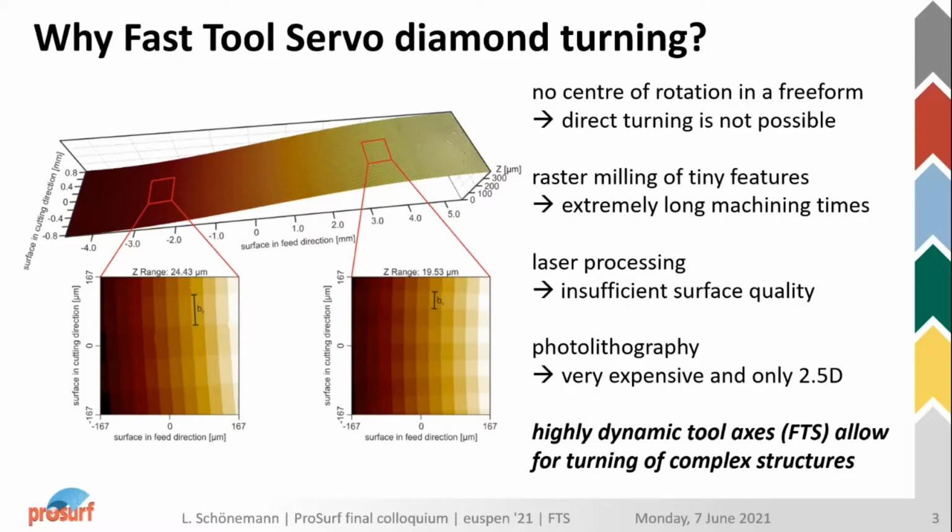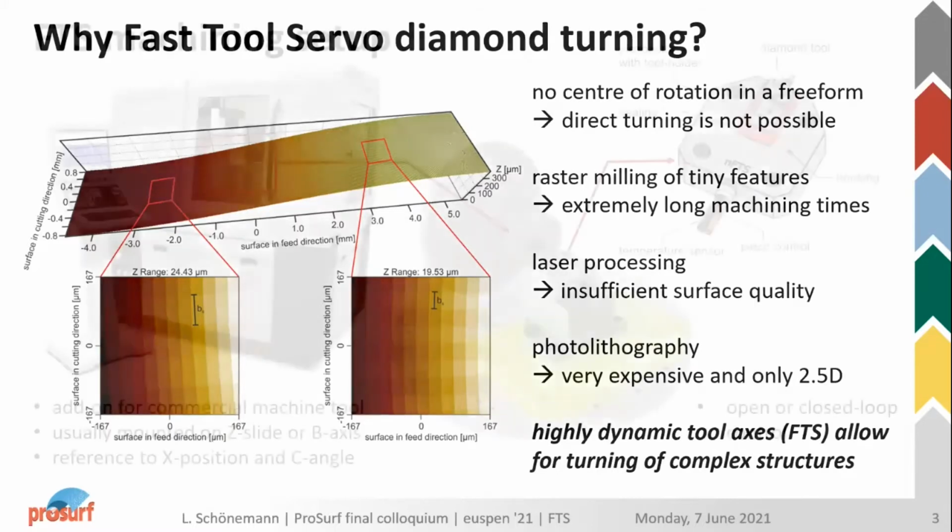So what we basically do with fast tool or slow tool servo turning is add a dynamic axis to a turning setup. In this configuration, we are able to machine surfaces with a non-rotational symmetric shape.